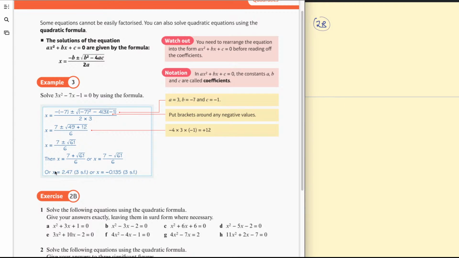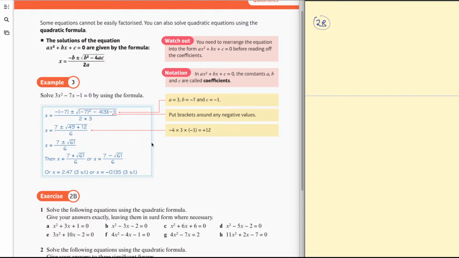and then they also give decimal answers. So it sometimes depends on what the question asks. It might ask for decimals to round off, or it might not specify, so you might be able to leave the answers as these solutions.